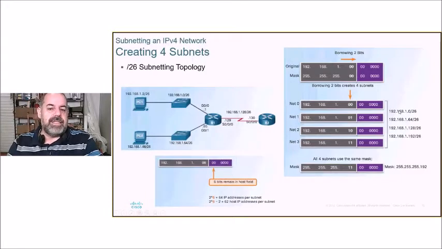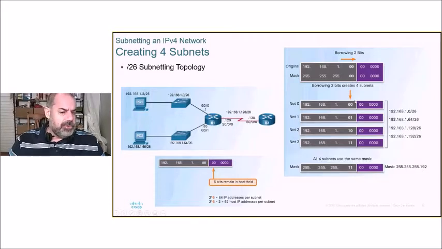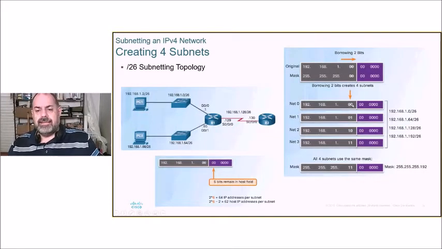Now, /26. Instead of a /25, borrowing 1 bit, we're borrowing 2 bits from the 4th octet. With 2 bits, as I said before, 2 to the power of 2, we've got 4 subnets: 00, 01, 10, and 11. So basically we've got subnets 0, 64, 128, 192.